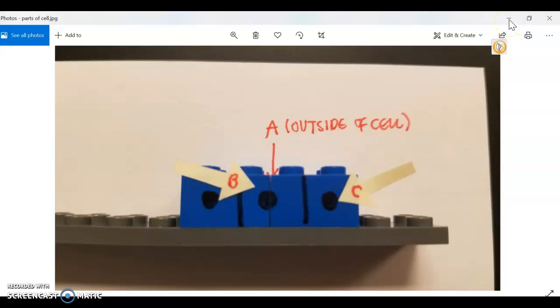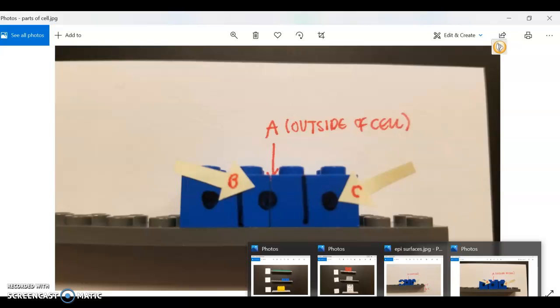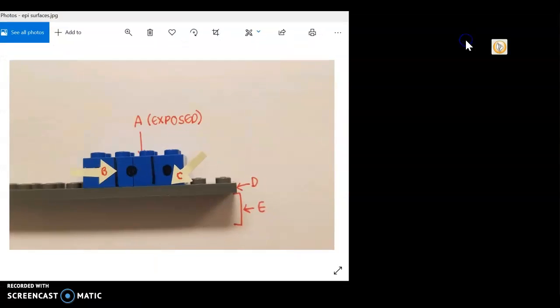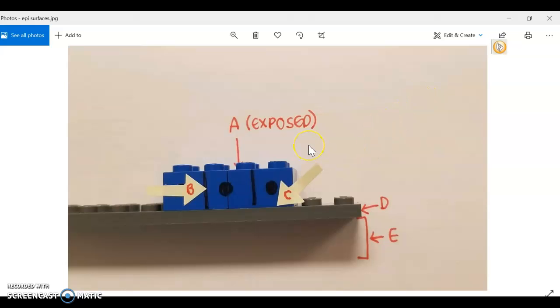Then another picture I want you to take a look at, and I would also draw this in your notes, and feel free to pause this as you need to. Something really important to understand is all these different surfaces. Letter A is pointing to this on the top, and as I was telling you in class, this is what's exposed.